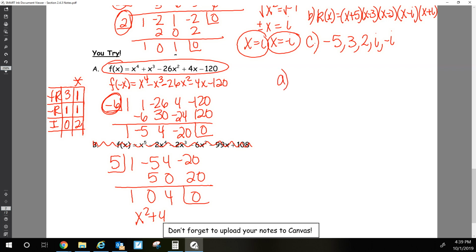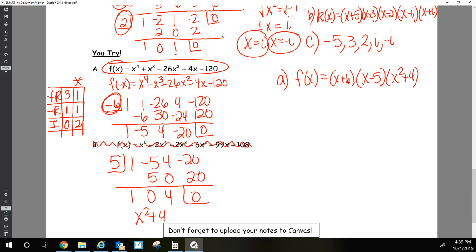Part A says list these guys as linear factors, so x plus 6 times x minus 5 times the irreducible quadratic, so x squared plus 4.